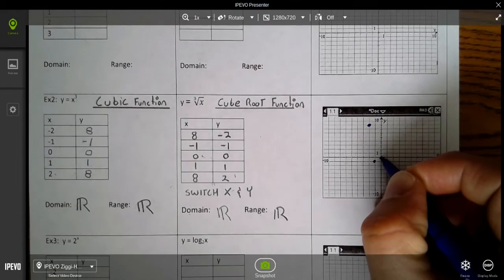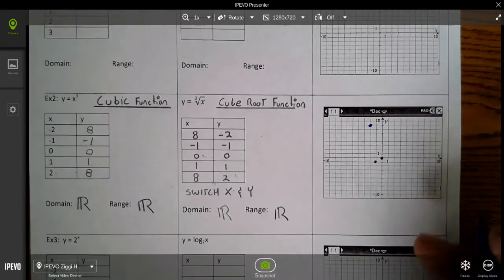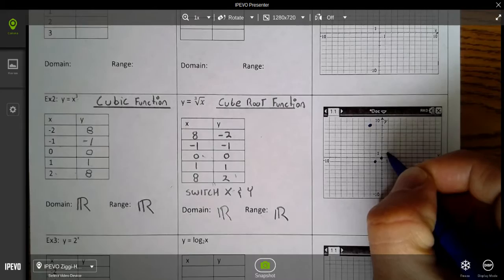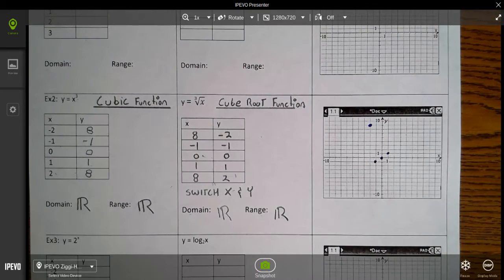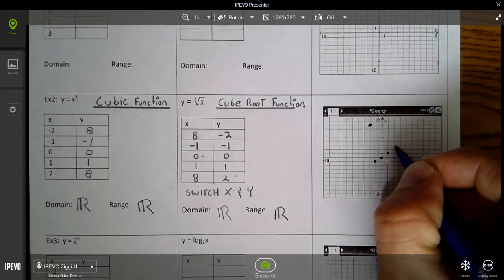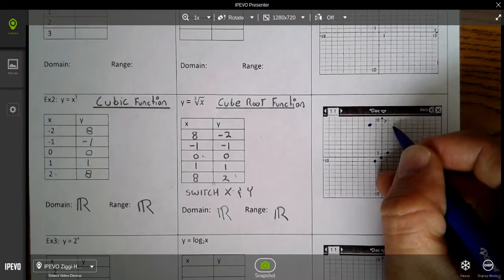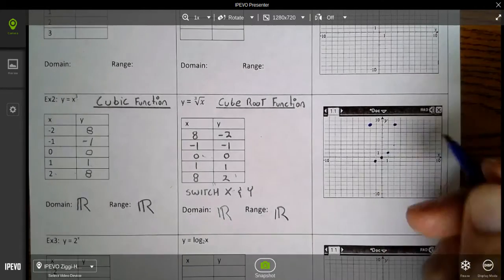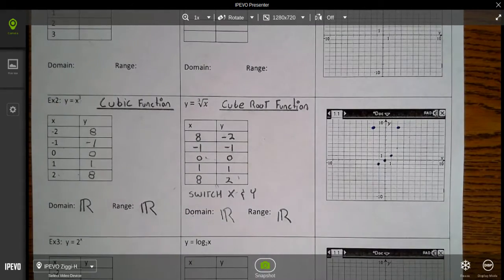Zero, zero, 1, 1, and 2, 8. Now, I had a student actually on September 6th during 6th period say, I learn better when the teacher makes mistakes and I can catch them.